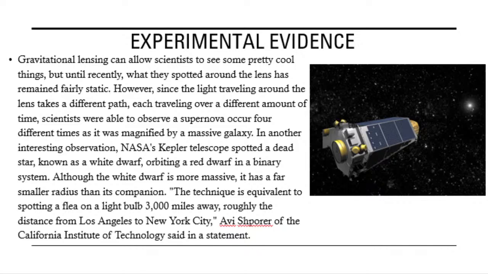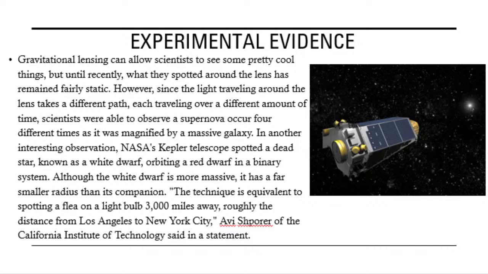And in another interesting observation, NASA's Kepler telescope spotted a dead star known as a white dwarf orbiting a red dwarf in a binary system. Although the white dwarf is more massive, it has a far smaller radius than its companion.